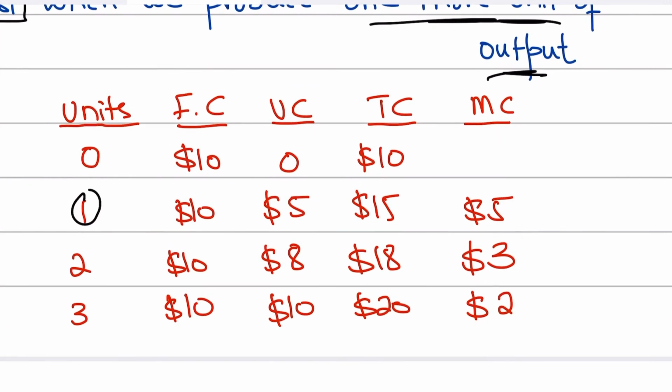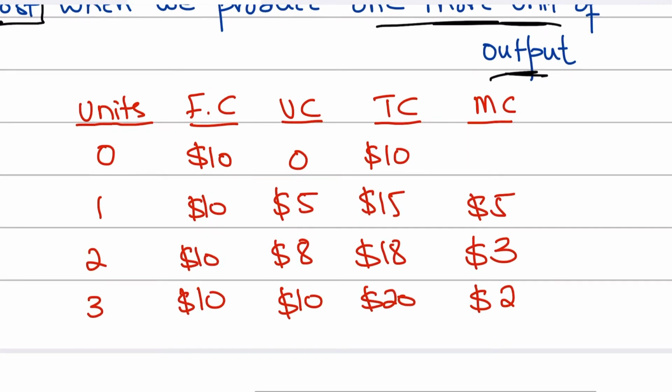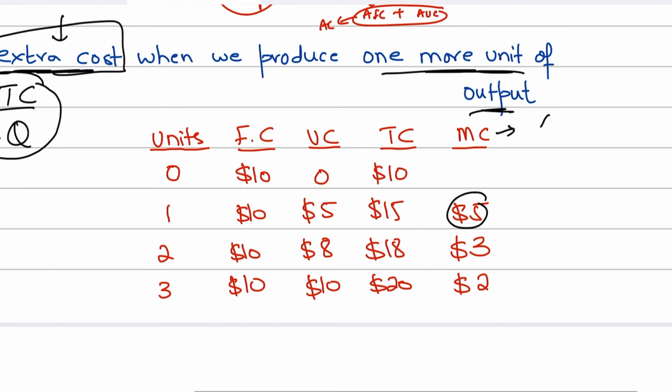If you produce the first unit, let's say your fixed cost is still $10, which obviously is the same, right? It doesn't vary with output. So the variable cost is $5 and the total cost is $15, because it's 10 plus 5. The marginal cost, like I said, is the extra cost of producing an additional unit. So if you produce one extra unit, you incur an extra total cost of $5, because the formula for marginal cost is change in total cost divided by change in output.